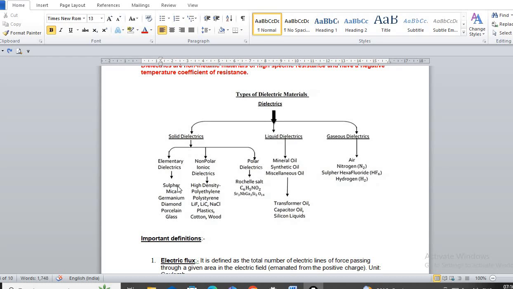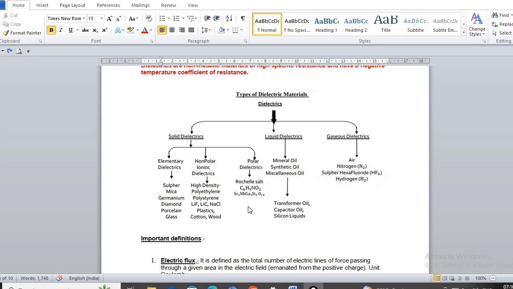Obviously sulfur, mica, germanium will act as dielectric materials. Same way for the non-polar, high density polyethylene and polystyrene act as non-polar dielectric materials. Rock salt and C6H5NO2 act as polar dielectric materials.